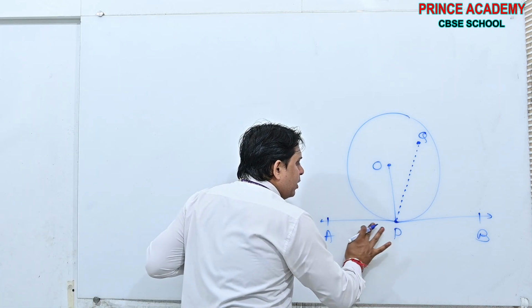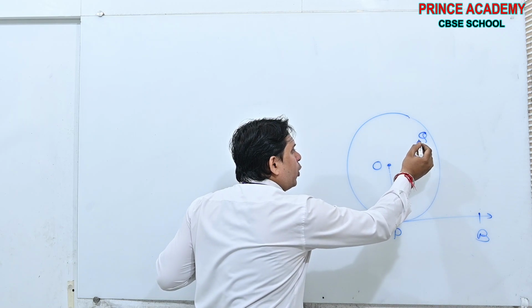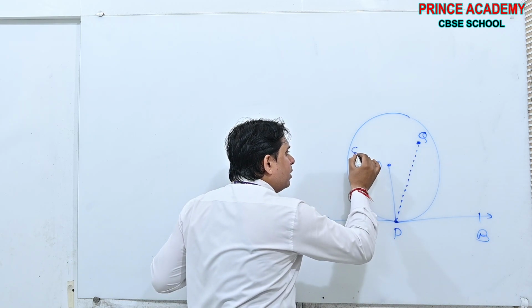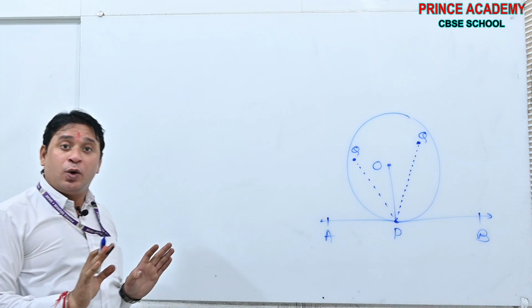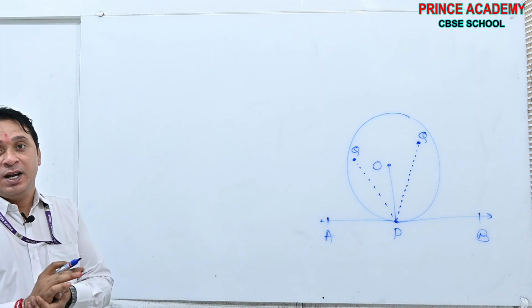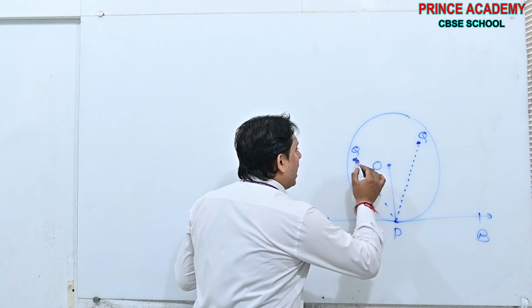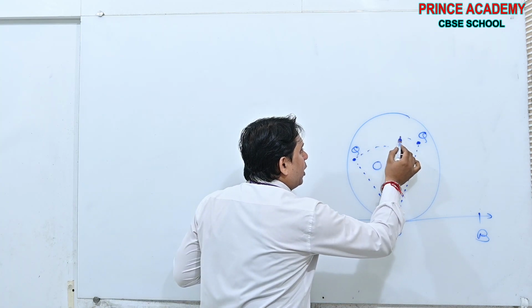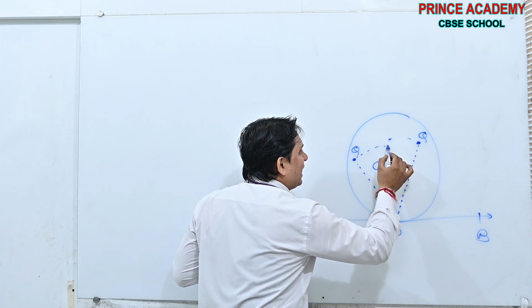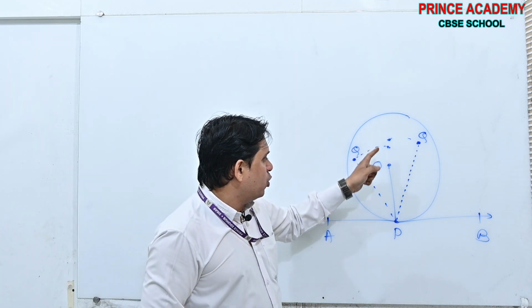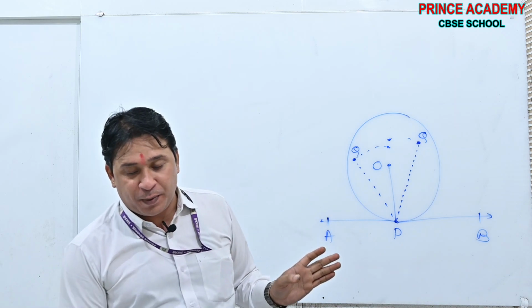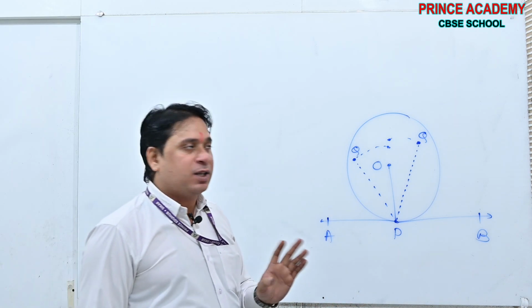Suppose I want to draw from Q. Can you say QP is perpendicular? This is for observation. No, no. It means this Q should be here. Only in that case can we say Q, O, P are collinear, otherwise not.